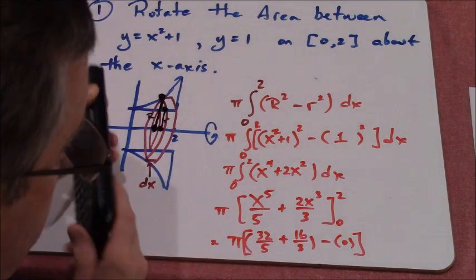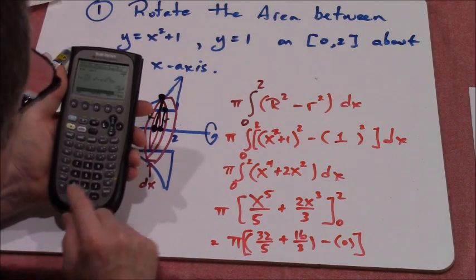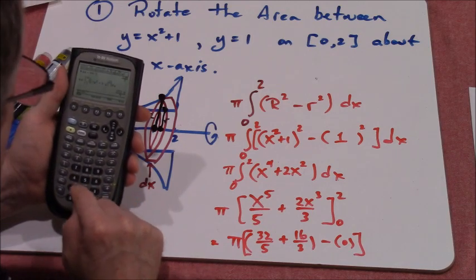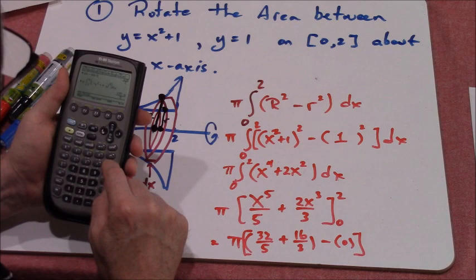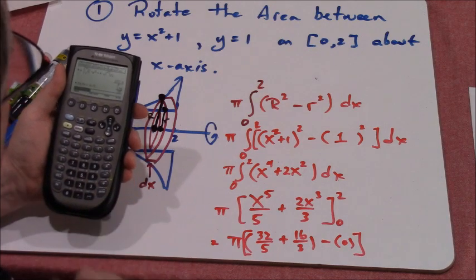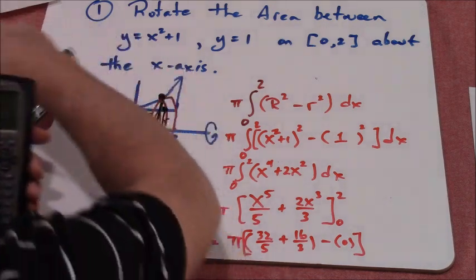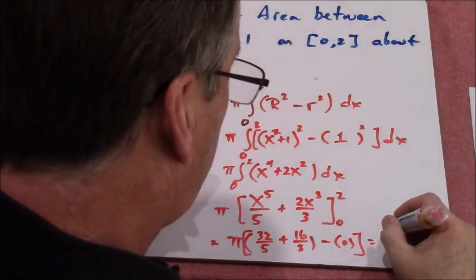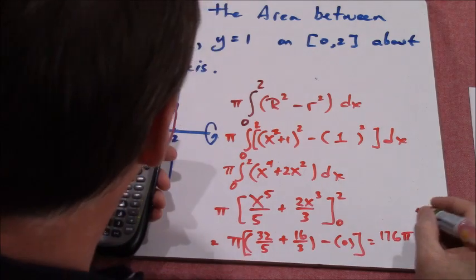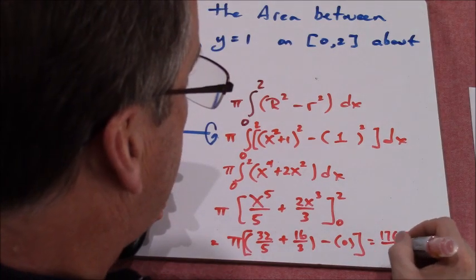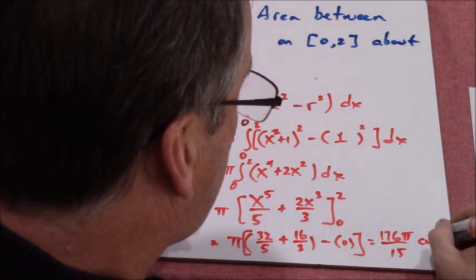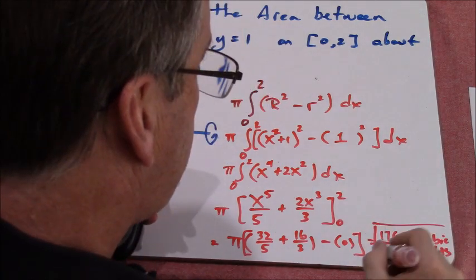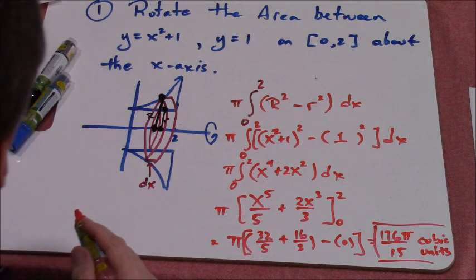I'll do that on the calculator. So I got 32 fifths plus 16 thirds, and I got 176 fifteenths. So my final answer is 176 pi over 15 cubic units. There's our answer.